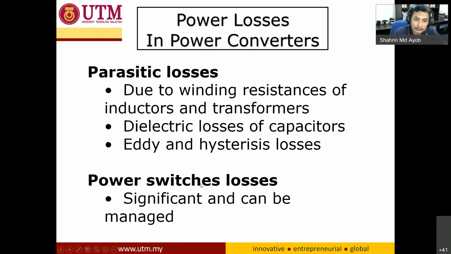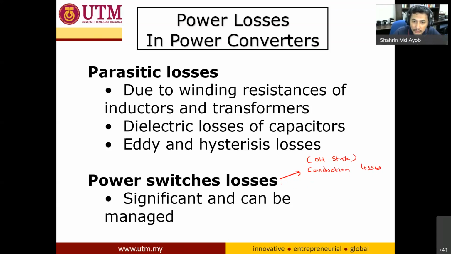Inside these power switch losses, we can divide them into 3 losses, which are the conduction losses, the on-state losses during on.